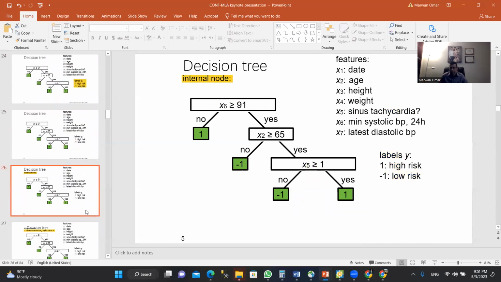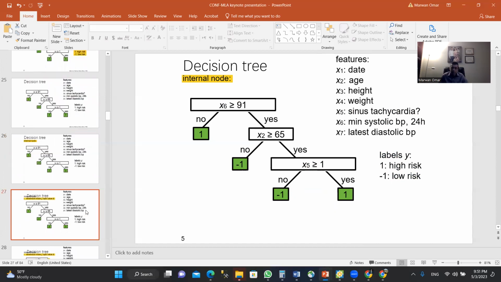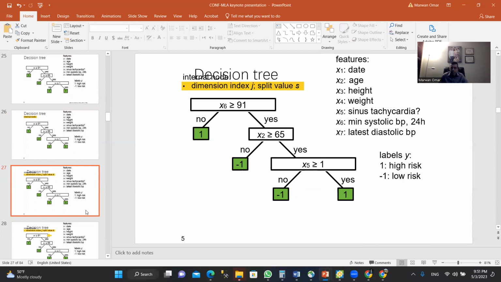So we have an internal node here. And we have a dimension index, denoted as J, to split value S. So dimension index J will split value S, which is X6.